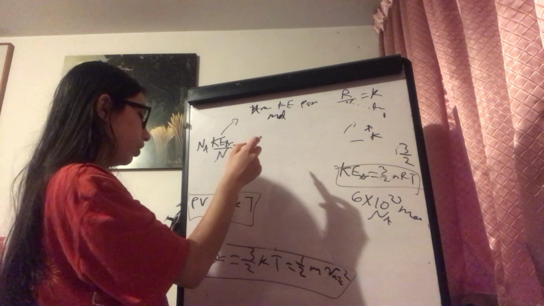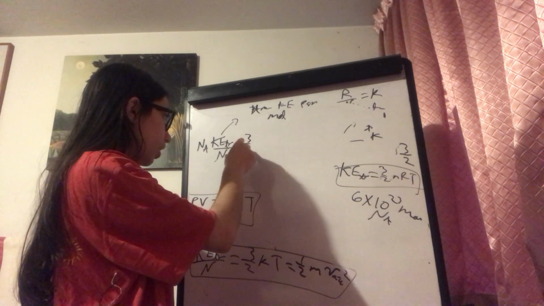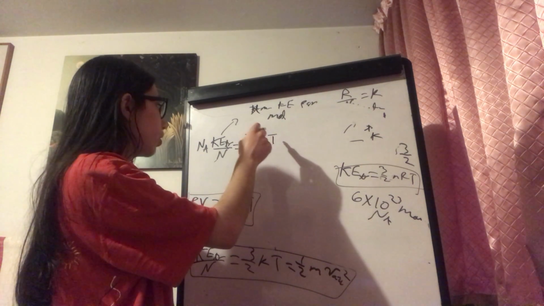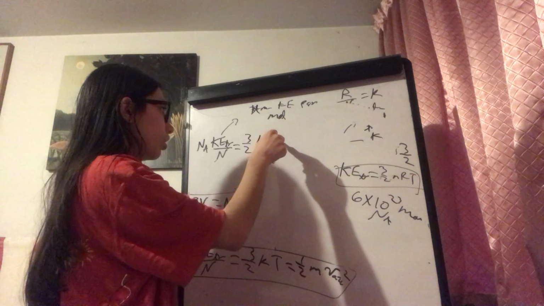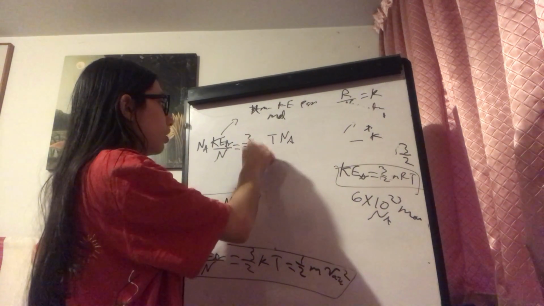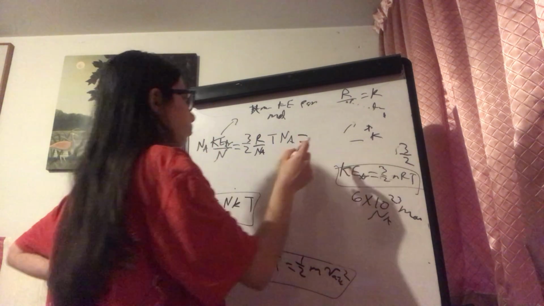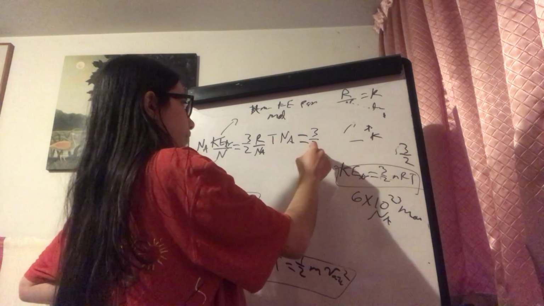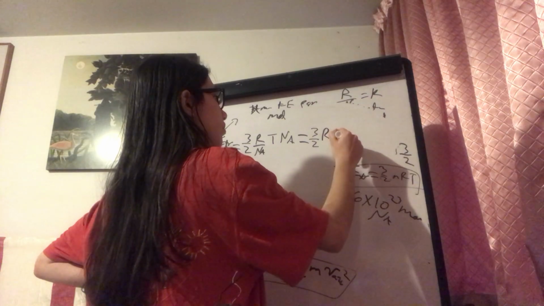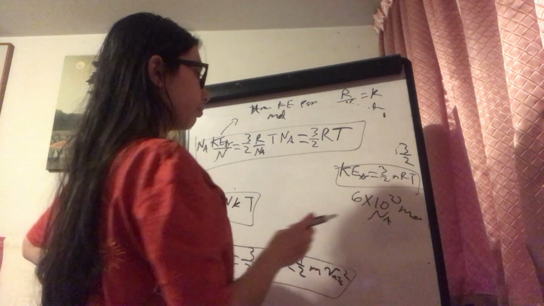So this would be equal to 3/2 of the Boltzmann constant times the temperature times Avogadro's number. So remember that the Boltzmann constant is R over Avogadro's number. So here we just have 3/2 of the universal gas constant times the temperature. So this is our equation.